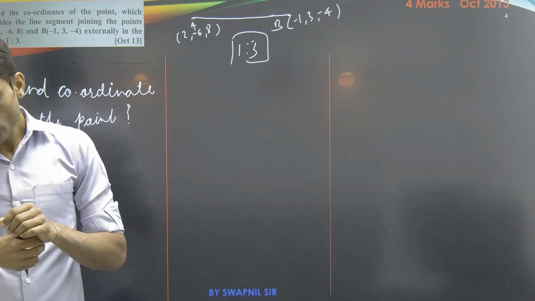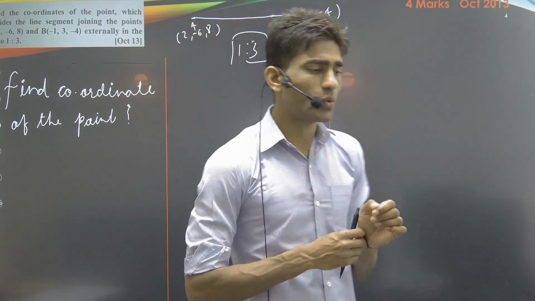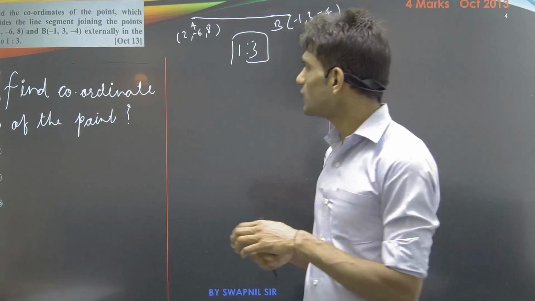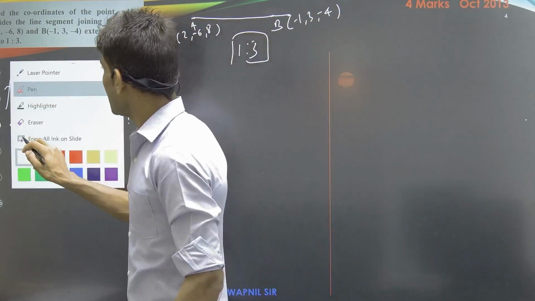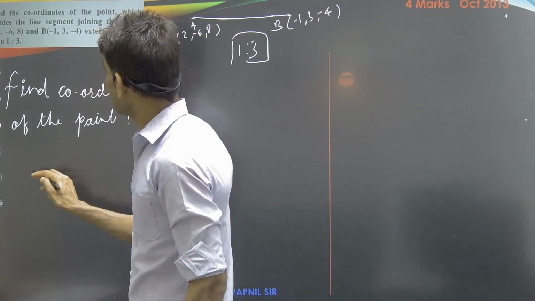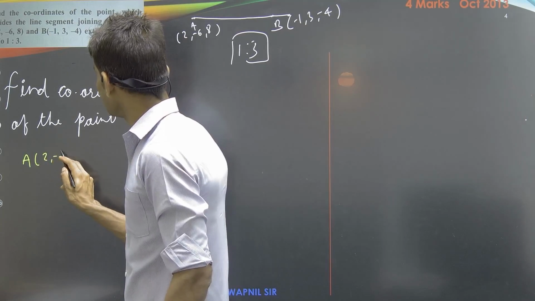Let's first define the position vectors of the vertices. We have given vertex A as (2, -6, 8).